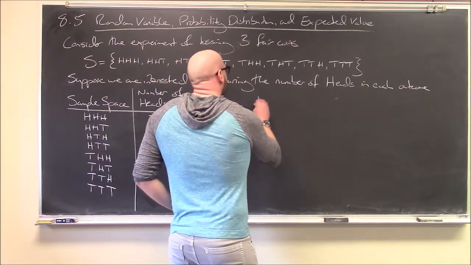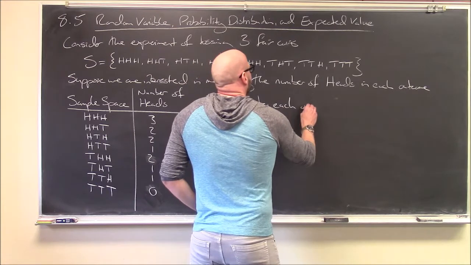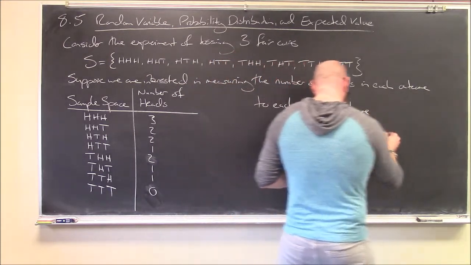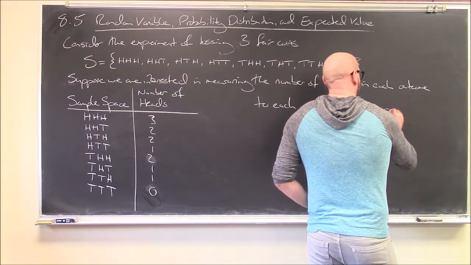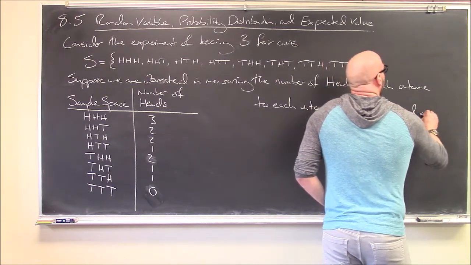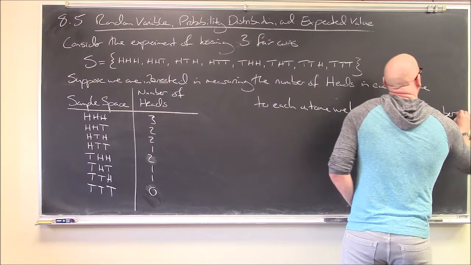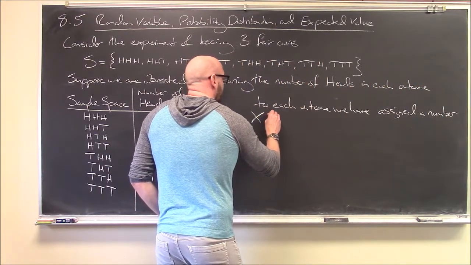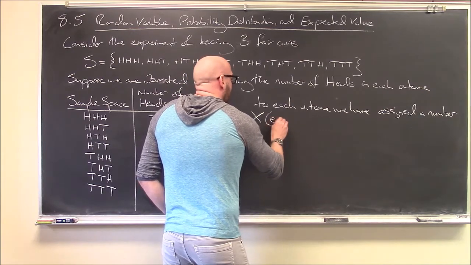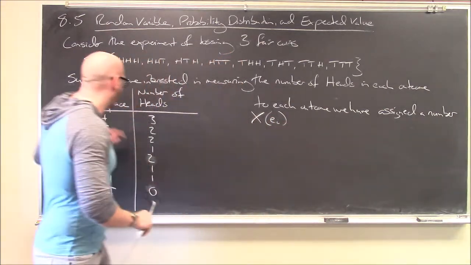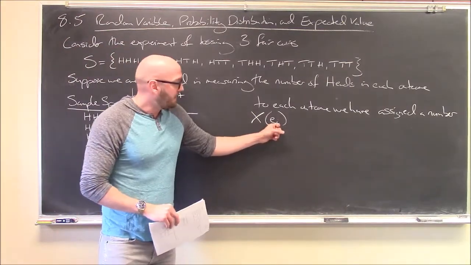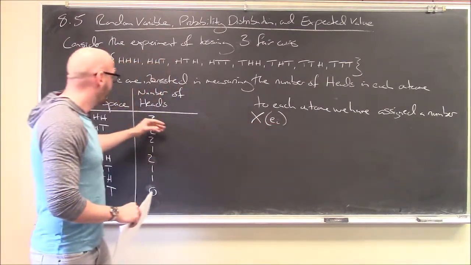To each outcome we have assigned a number. Since this is a function, I'm going to call it X, capital X usually, of e sub i. Here e sub i is just an event, and X is the function. You plug in the event, and you output X of e sub i, which is this number.